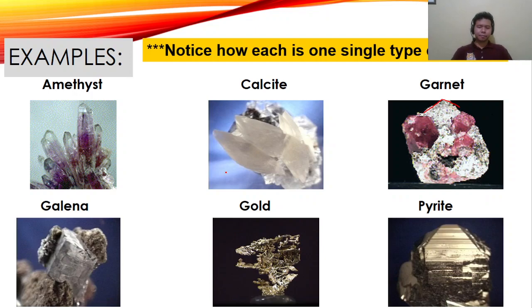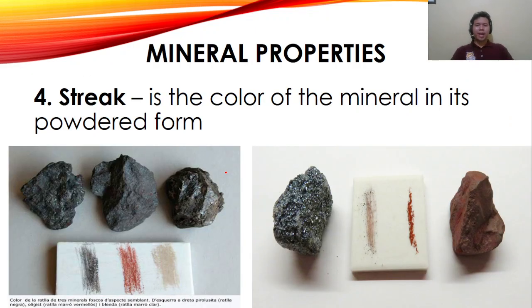Next we have streak. Streak is the color of the mineral in its powdered form, and it is usually the most accurate method in determining the color of a certain mineral.